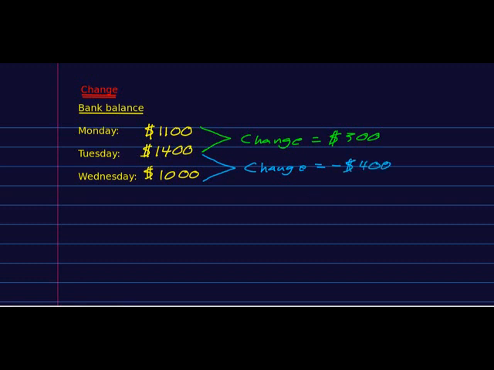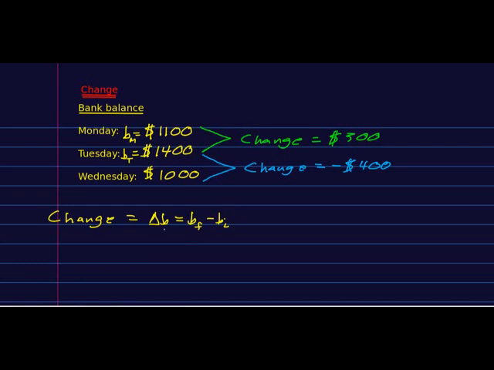Now, both of these are consistent with defining changes by a final minus initial. So we'll say a change is going to be, in this case, a delta B for bank balance. And I've said BM and BT, right? So I'll say B final minus B initial. So this is how we always define it.